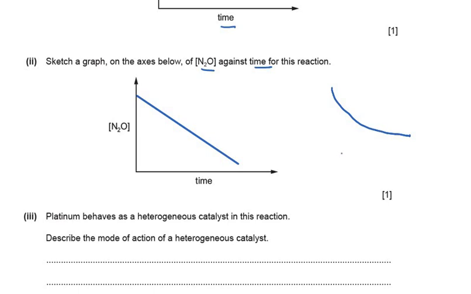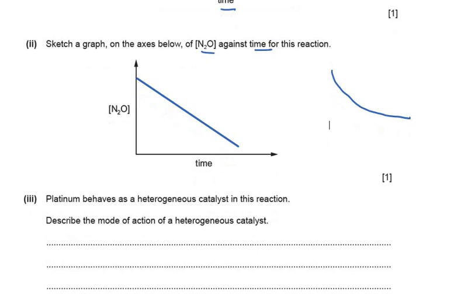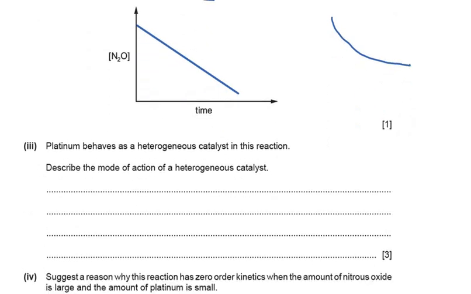Now the third sub-question says that the platinum behaves as a heterogeneous catalyst in this reaction. Describe the mode of action of a heterogeneous catalyst. Platinum is a solid substance and the nitrous oxide is a gaseous substance. So what is the process of the heterogeneous catalyst?